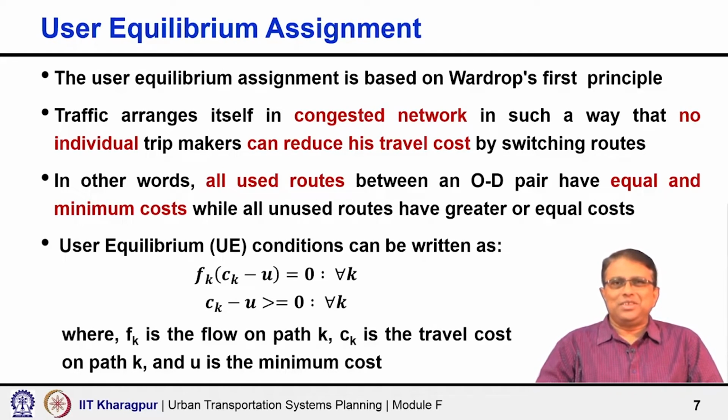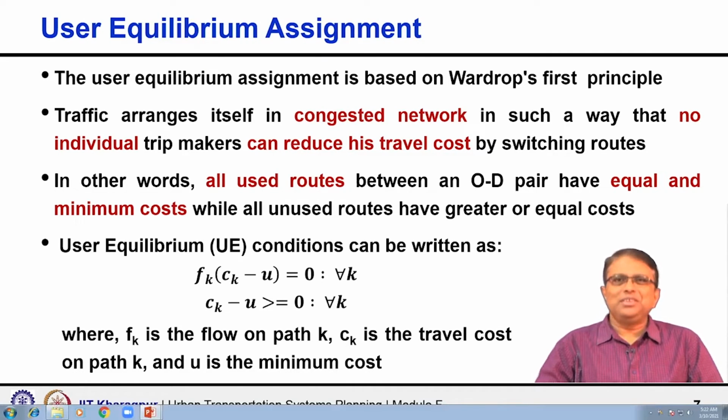Look at these equations very carefully. C_k minus u: if C_k is the minimum path, then u is the minimum cost, so C_k will be equal to u.